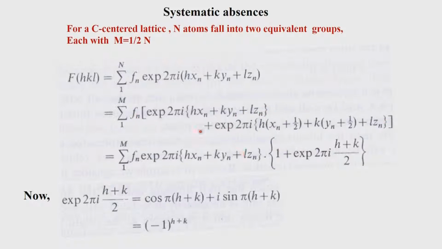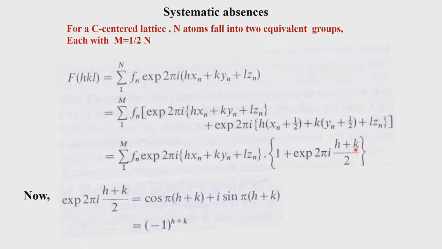Once I have this common expression f_n exponential 2 pi i (hx plus ky plus lz), this will be multiplied by a factor which now becomes 1 plus exponential 2 pi i. Now, what is left in this expression is (h plus k) by 2. This is the additional half value associated with h and k. So, this is exponential 2 pi i (h plus k) by 2.